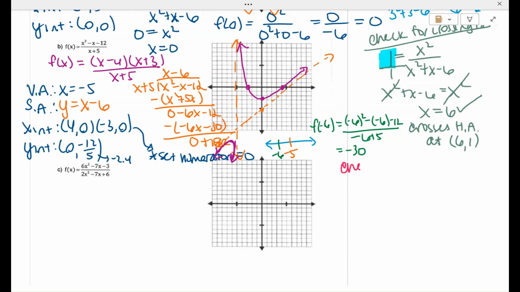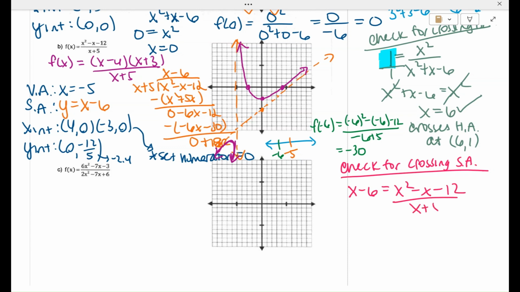So check for crossing the slant asymptote. Okay, so we're going to take the slant asymptote, which is x minus 6, and set it equal to x squared minus x minus 12 over x plus 5.